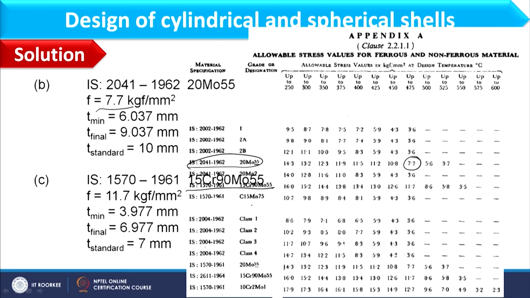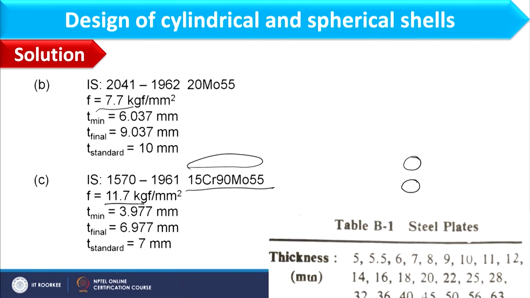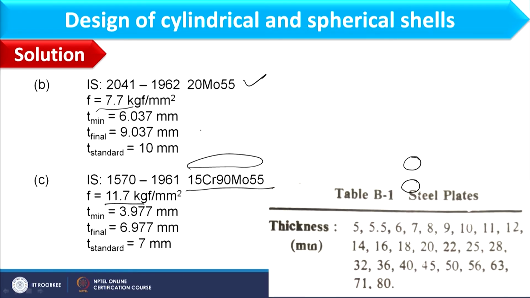So, this is the material, and corresponding allowable stress value is 11.7 at 475 degree Celsius. So, that we have taken here like this, and then we can compute the standard thickness. For this material we have 10 mm as a standard thickness, and for this material we have 7 mm as a standard thickness.